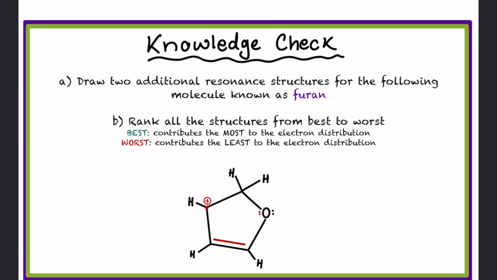Use arrows to draw 2 additional resonance structures for the molecule below known as furan, and then rank all the structures from best to worst. The best structure contributes the most to the electron distribution of the molecule, and the worst structure contributes the least. Be sure to indicate formal charges as you go. Pause the video and return when you are ready.